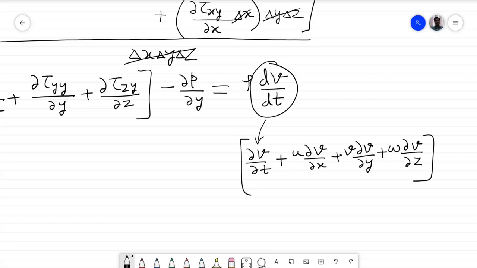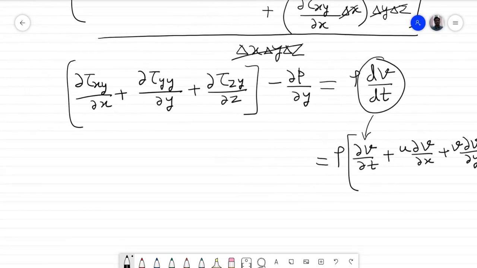This whole thing multiplied by density is equal to minus dou p by dou y, and this entire term can be written as del dot tau, and we are talking about the y component here.